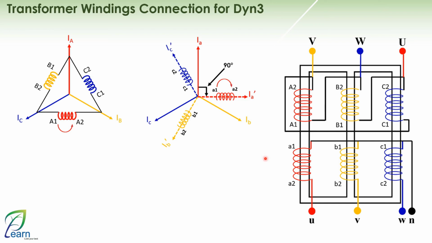Therefore, if we assume that I have an external voltage on the red phase towards the star side, the current, for example, will be drawn here going towards the fault, moving from A1 to A2. In this case, the current will be drawn from the red phase towards the delta side, from the red phase winding in the transformer, so that it will be in the direction from A2 to A1.